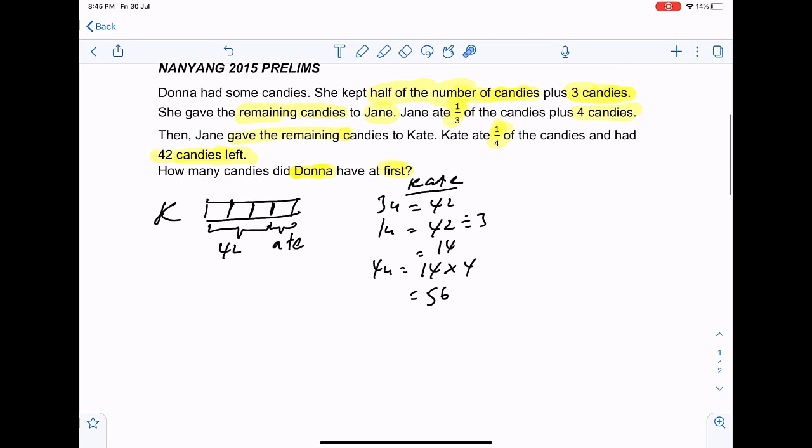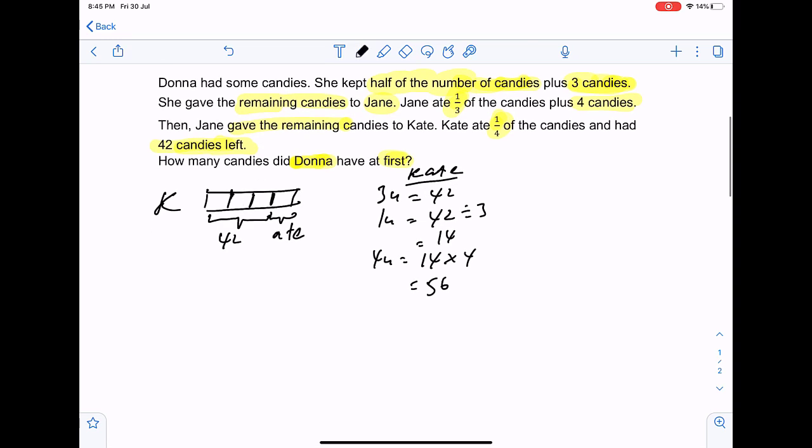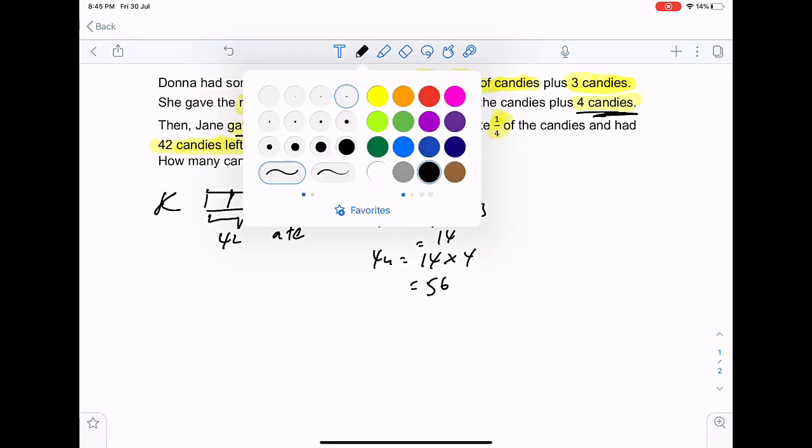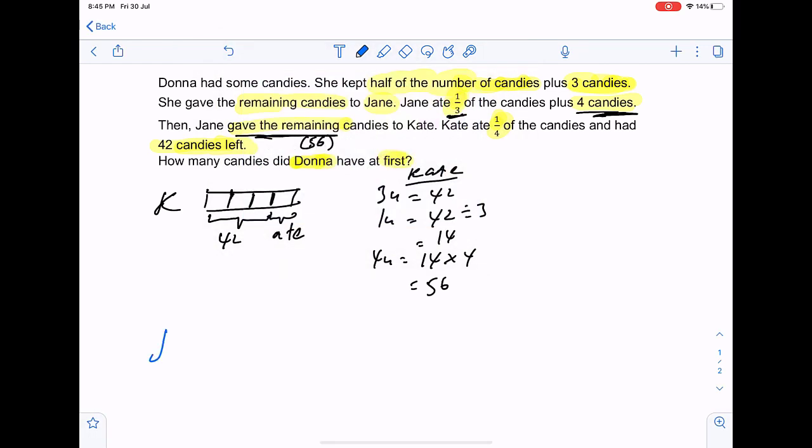So let's look at Jane's statement. Jane ate 1/3 of the candies plus another 4. And she gave the remaining to Kate. So remaining means 56 candies was given to Kate. Now next up, we talk about Jane. Let's use a blue color. So for Jane, she had 3 boxes. 1 out of 3 means she had 3 boxes.